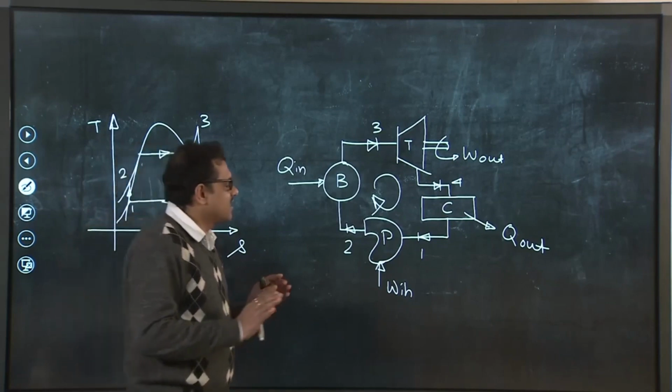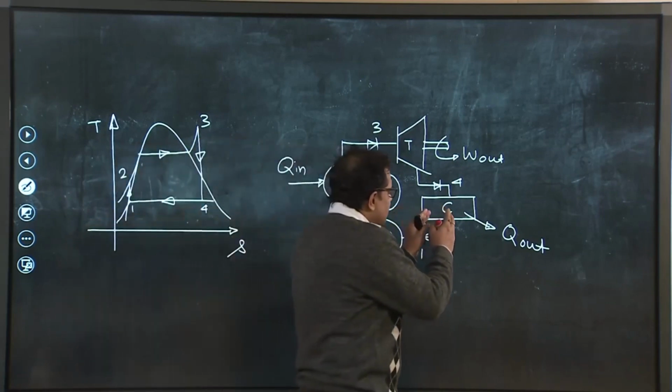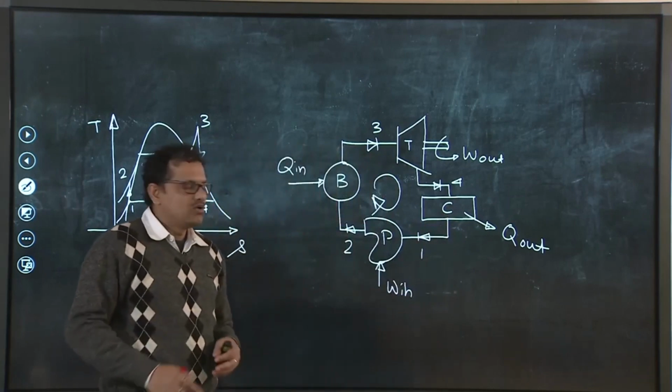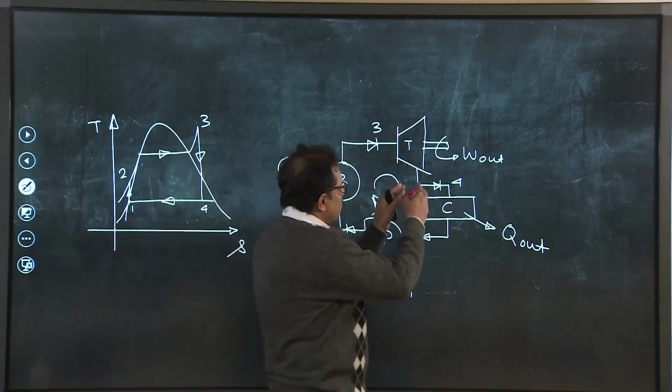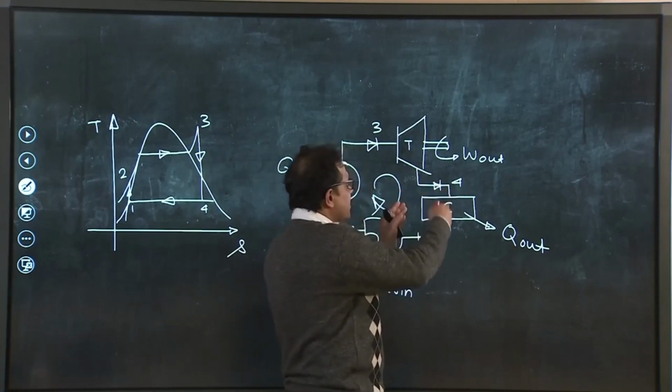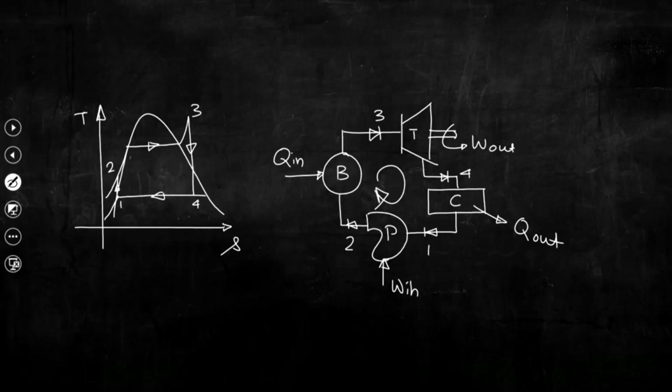Now, we can understand that the condenser plays a major role in converting steam into water, so that we can operate this particular unit in a cyclic manner. So, this is one of the most important objectives.